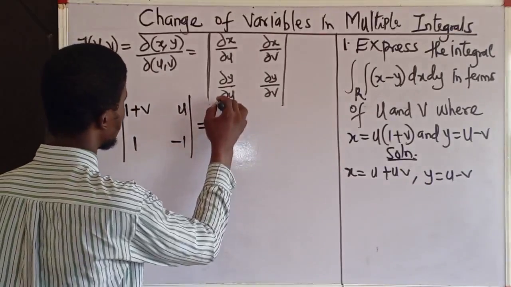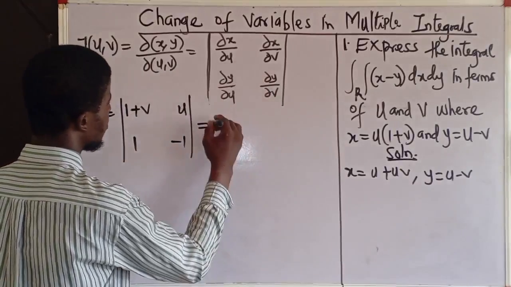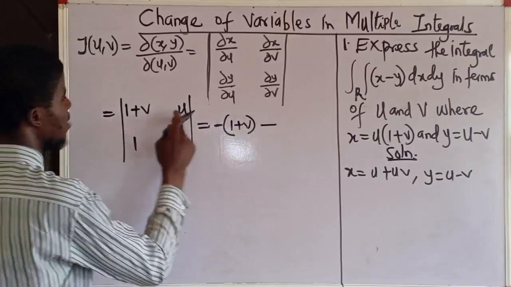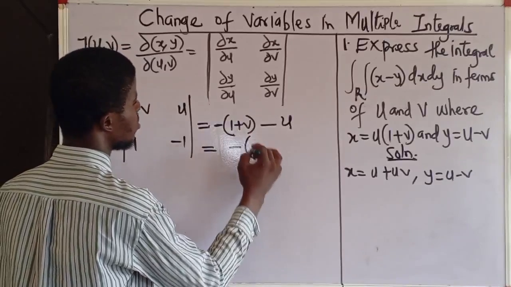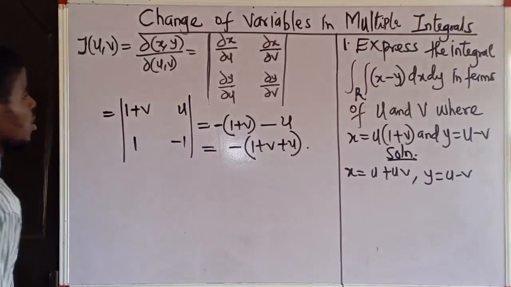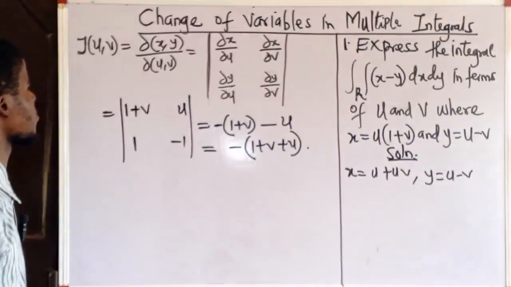And what would this be? This times this, minus 1 times 1 plus v, minus this times this, which is u. So this is simply minus 1 plus v plus u. This is the Jacobian determinant of the transformation.